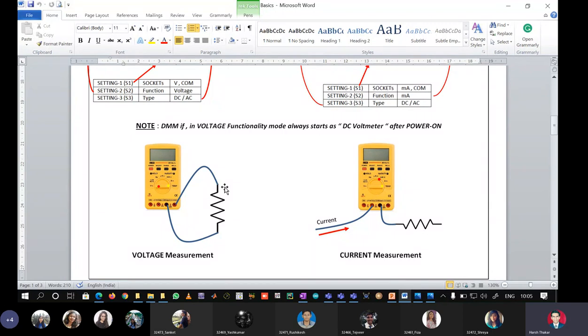For voltage measurement, you have to connect the voltmeter in parallel. Never, ever connect a DMM which is configured as a voltmeter in series with the component.